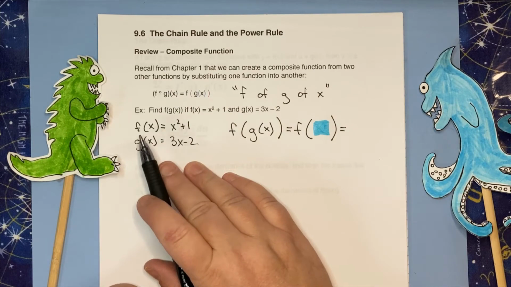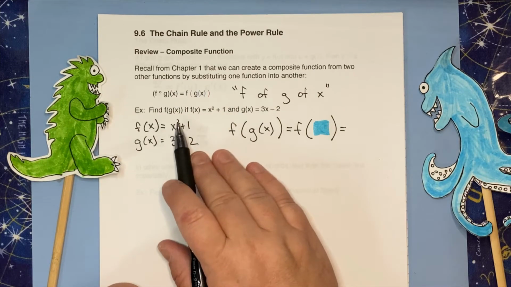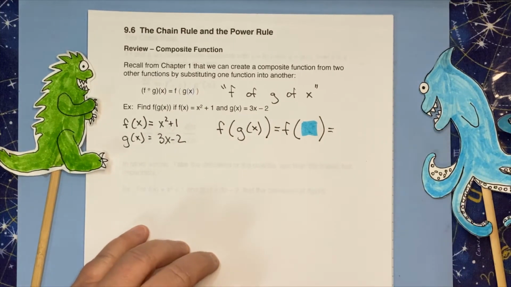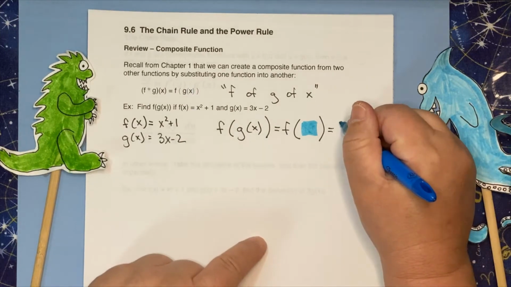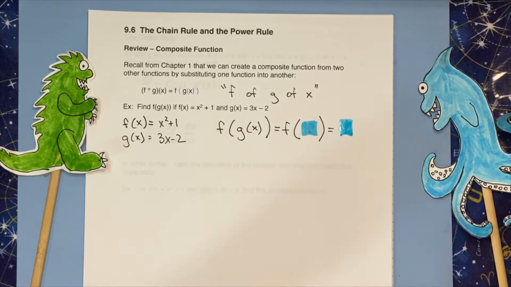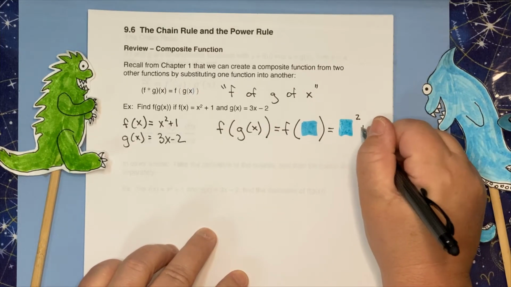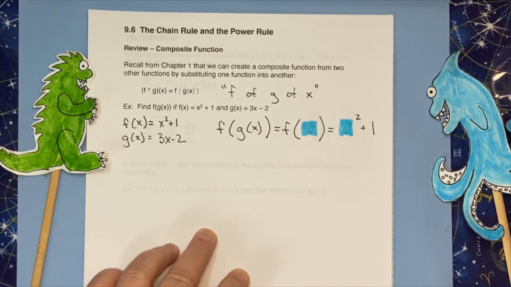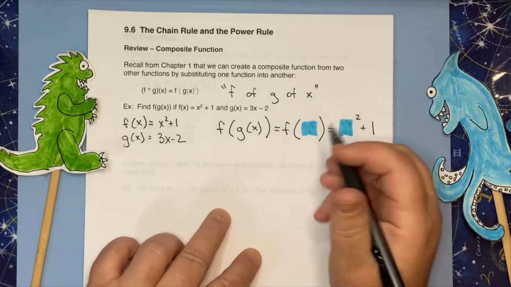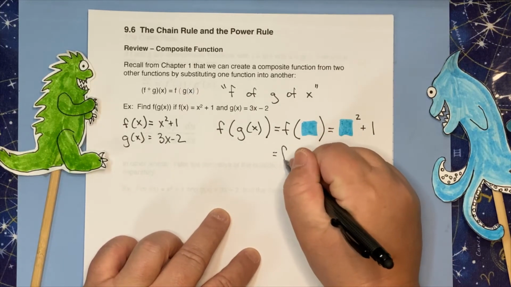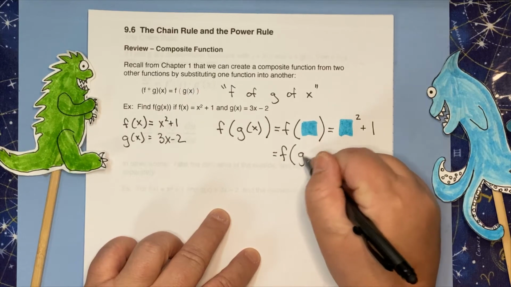The rule for f is that f of x equals x squared plus 1. So that means this box is going to come out, we're going to square it, and we're going to add 1. So far, so good?